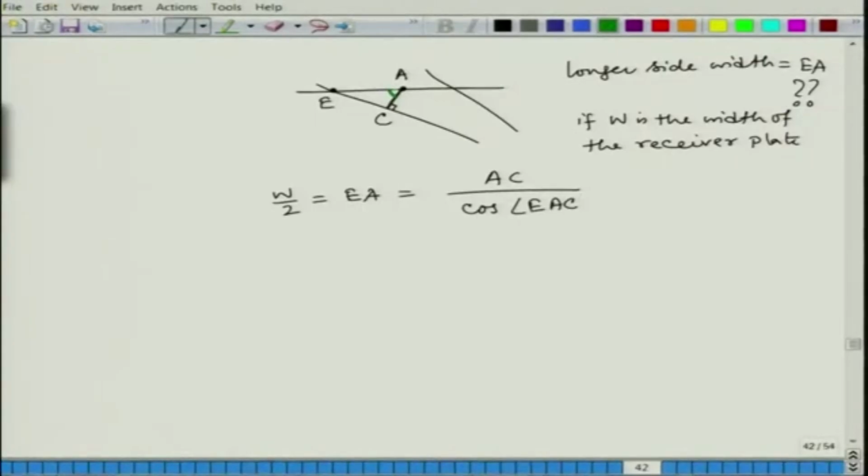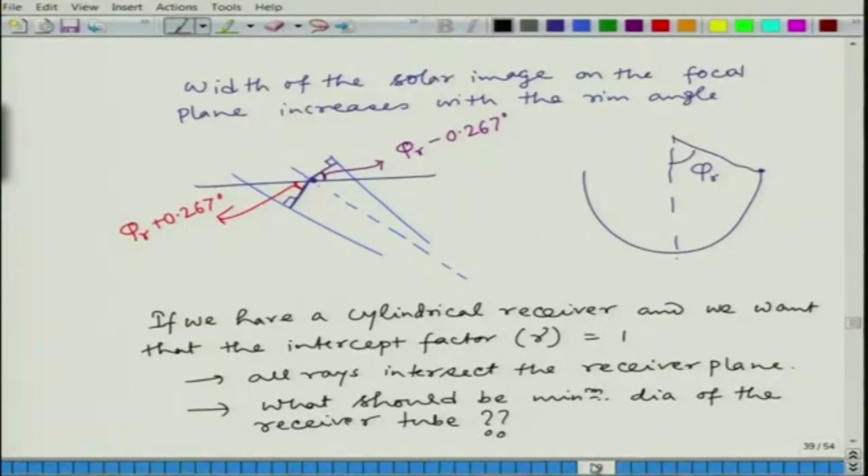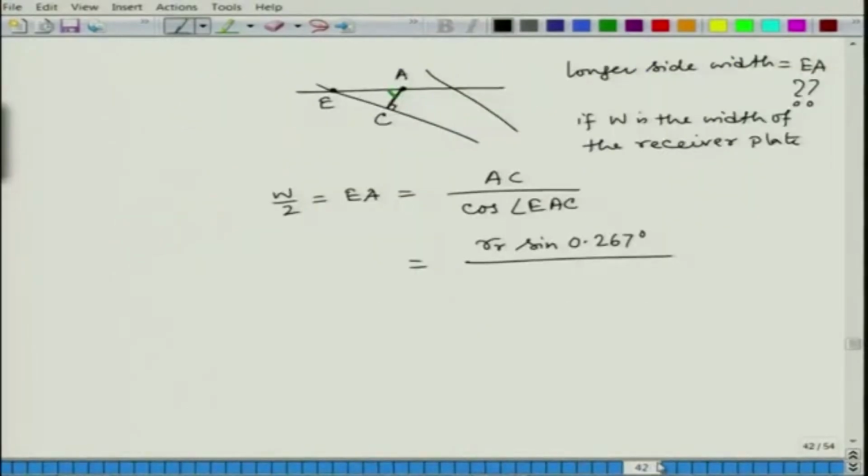Okay. And you have seen that AC is RR into sine of 0.267 degrees, and EAC also we have seen a couple of pages ago. Here this angle is phi r plus 0.267 degrees. So, here this will be cos of phi r plus 0.267 degrees.